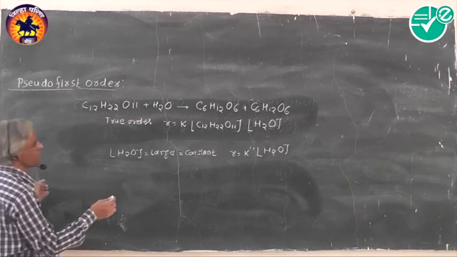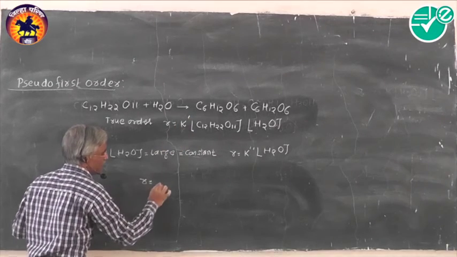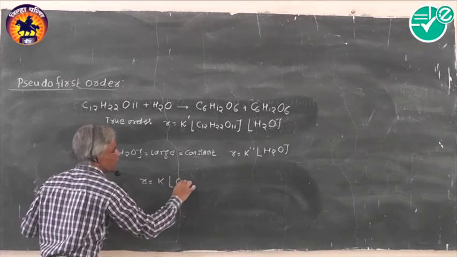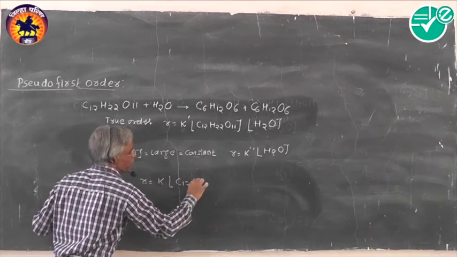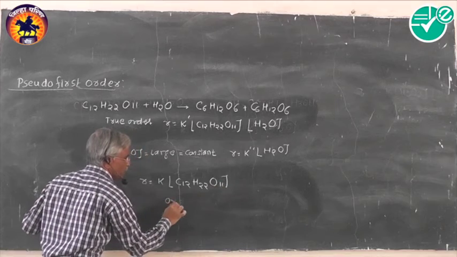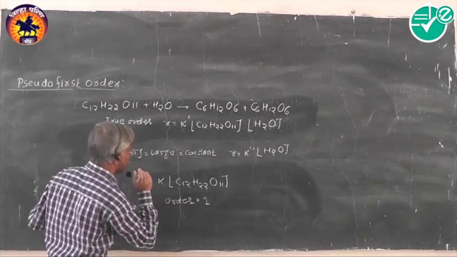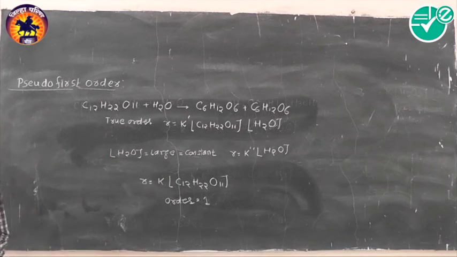And therefore again this reaction will be first order with R equal to K into the concentration of C12H22O11, and therefore it is following again the order equal to 1, or it is a first order reaction. So these are the two pseudo first order reactions in our syllabus which have been mentioned.